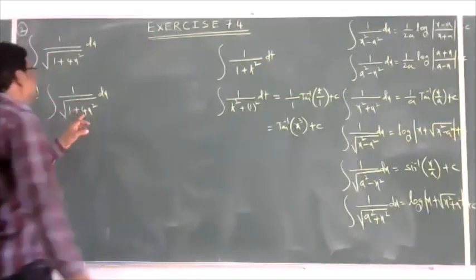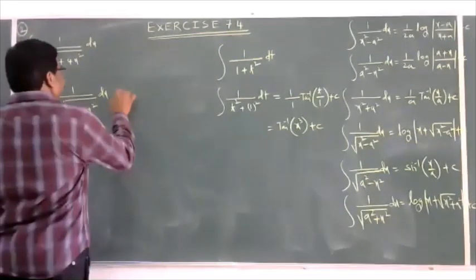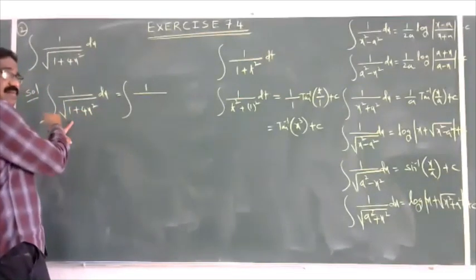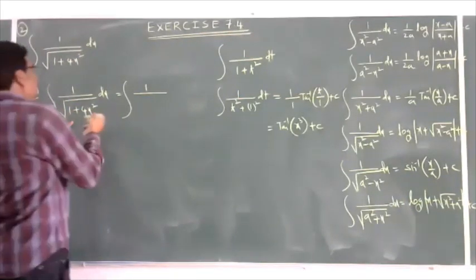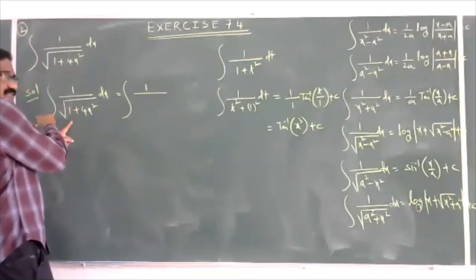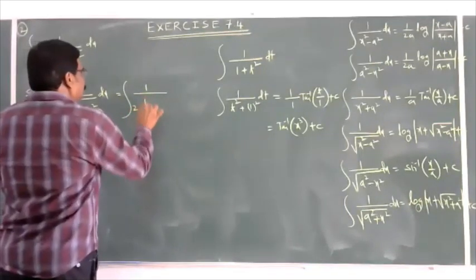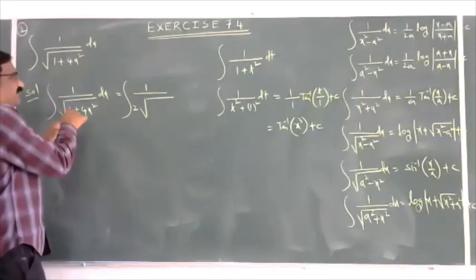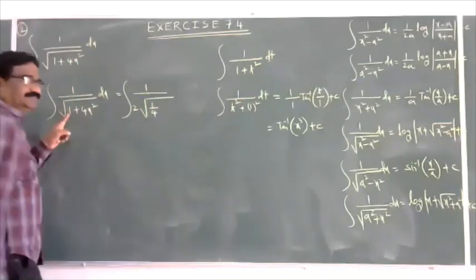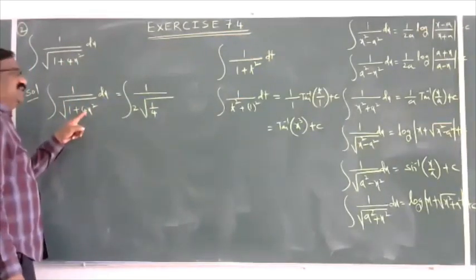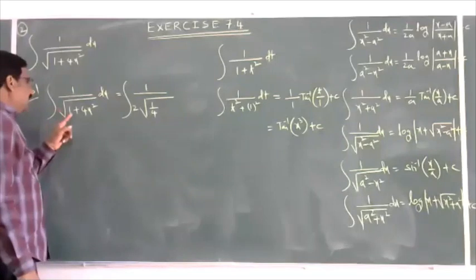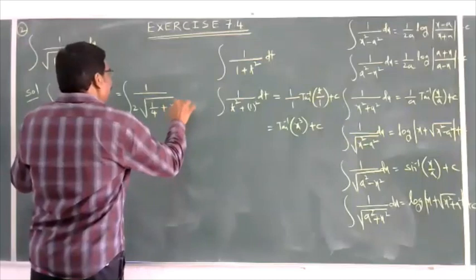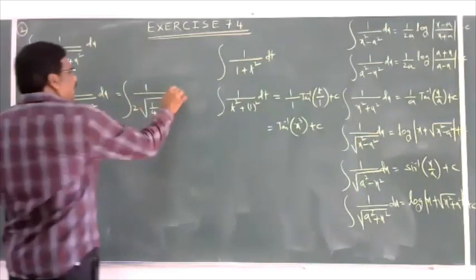So here you take 4 common. In this root, 4 is common, you bring the 4 out of the root, you get 2, that is 2 into root of, here there is no 4, taking 4 common means dividing with 4, that is 1 by 4, plus x square, into dx.